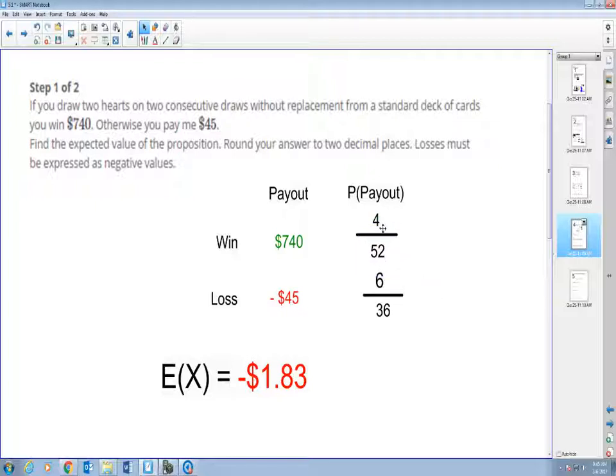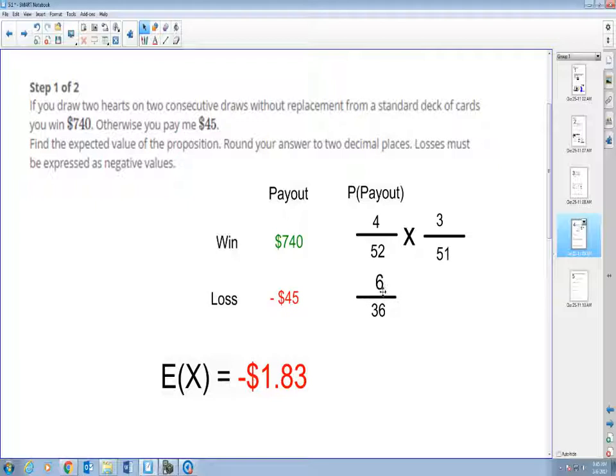Followed by, I'm going to get another heart, times, without replacement. So that means the second time, you only got 3 ways to get a heart out of 51 possible outcomes. Okay, so that is your probability of winning.